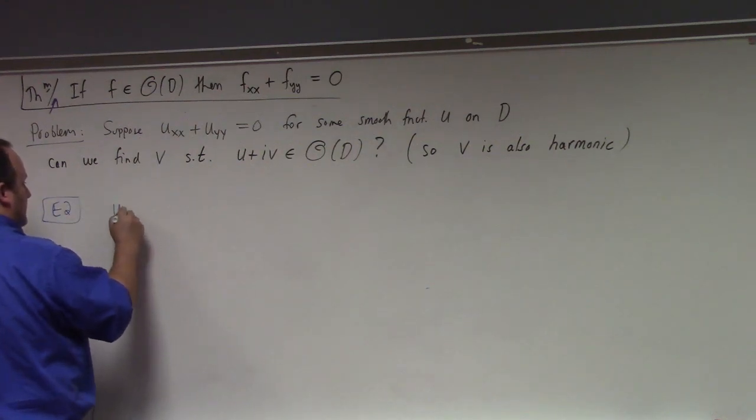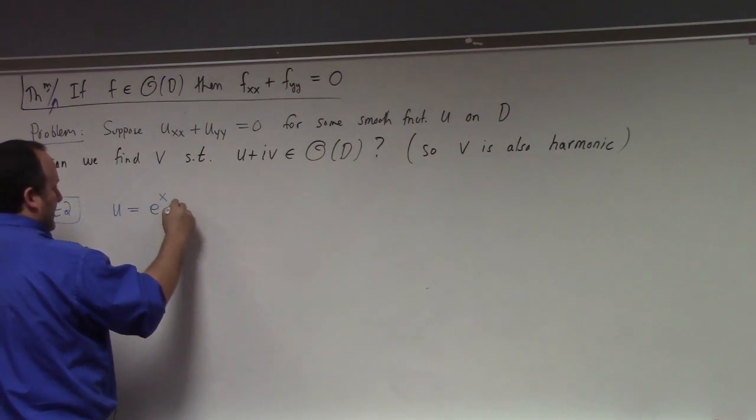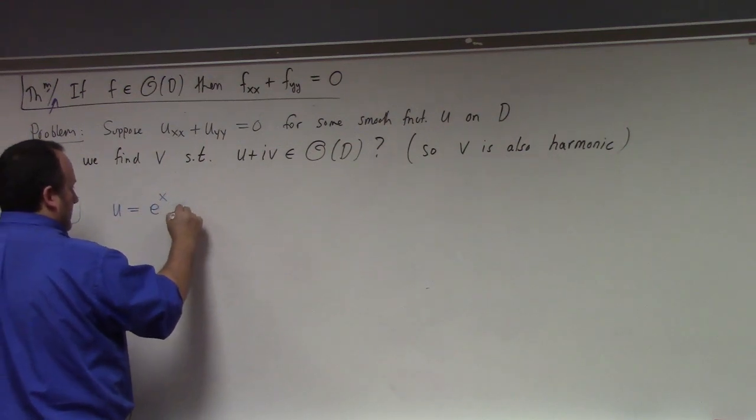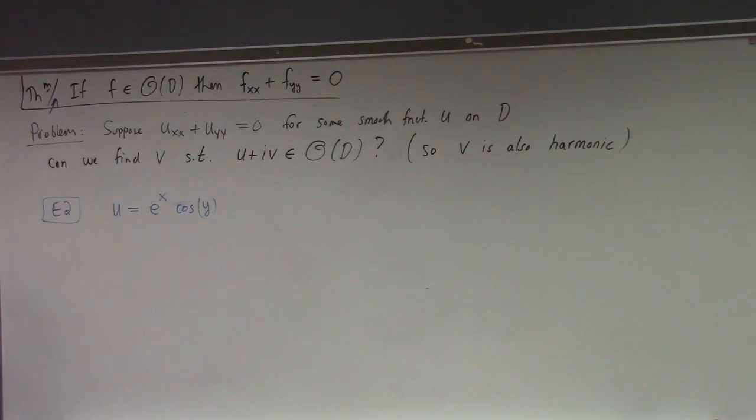So let's look at u equal to, I don't know, this should be a fun one, e to the x cosine y. Is that harmonic? Search your heart. Find it to be true.